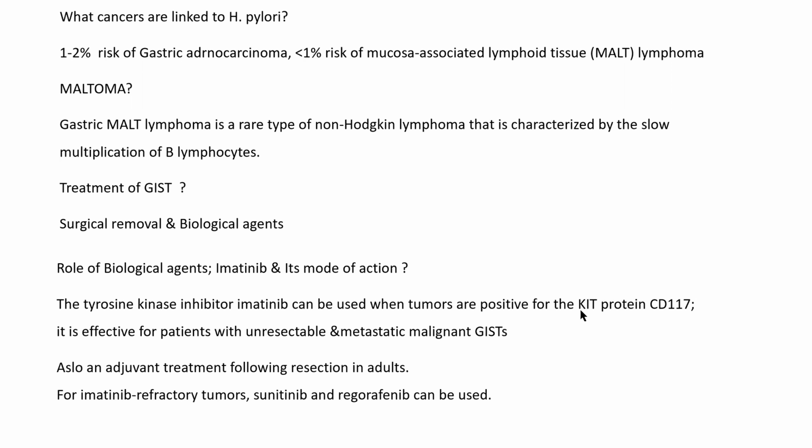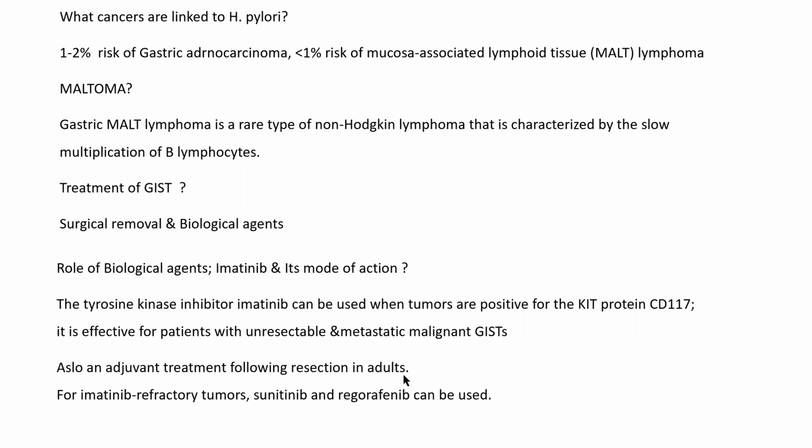When the tumors are positive for KIT protein, CD117, then you can use a tyrosine kinase inhibitor. It is effective for patients with unresectable and metastatic malignant GISTs. Again, imatinib is a tyrosine kinase inhibitor used when a tumor is c-KIT protein CD117 positive, and it is effective especially in unresectable and metastatic malignant GISTs.